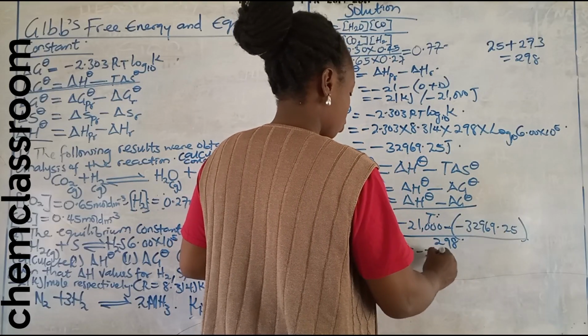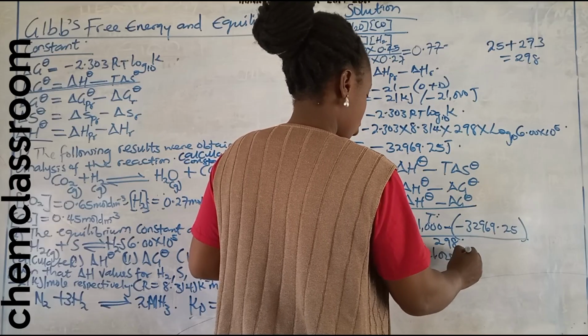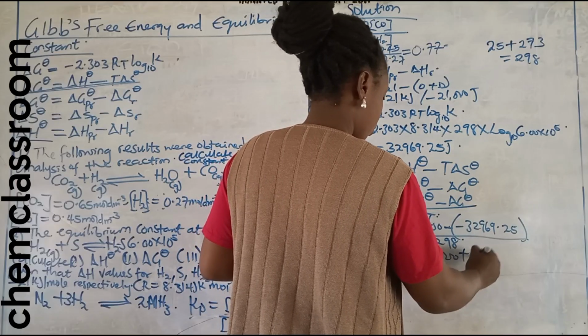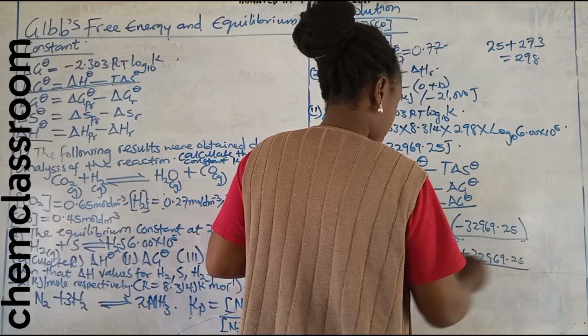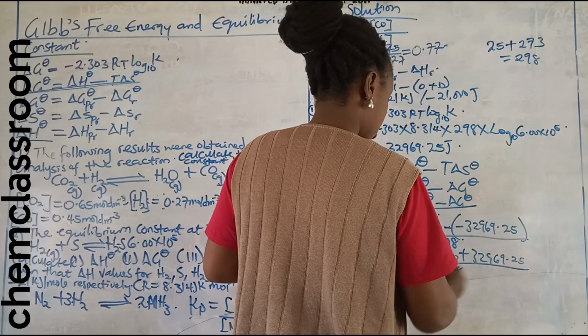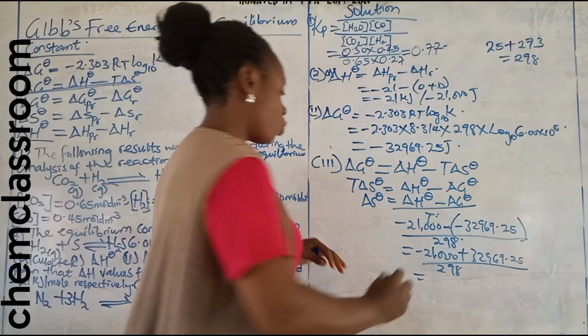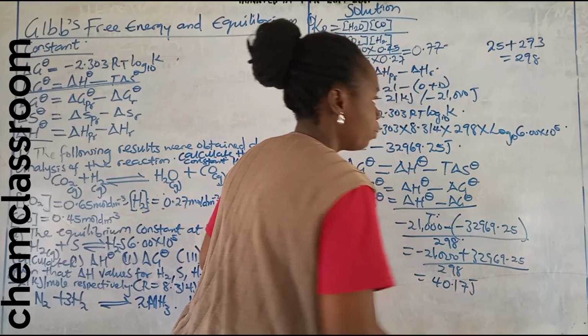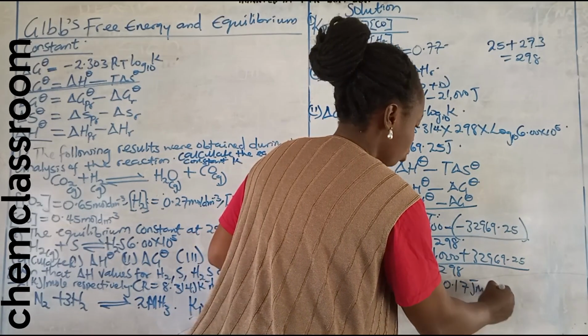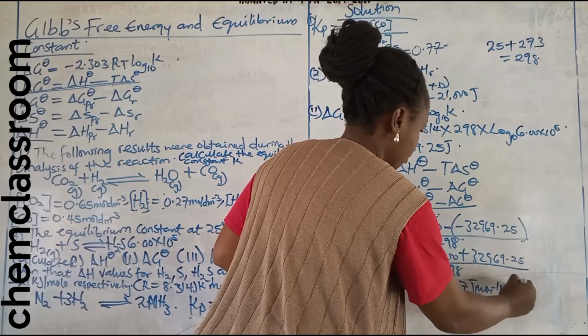So minus 21,000 will become plus 32,969.25 divided by 298. So in all here, we are supposed to have 40.17 joule per mole per Kelvin.